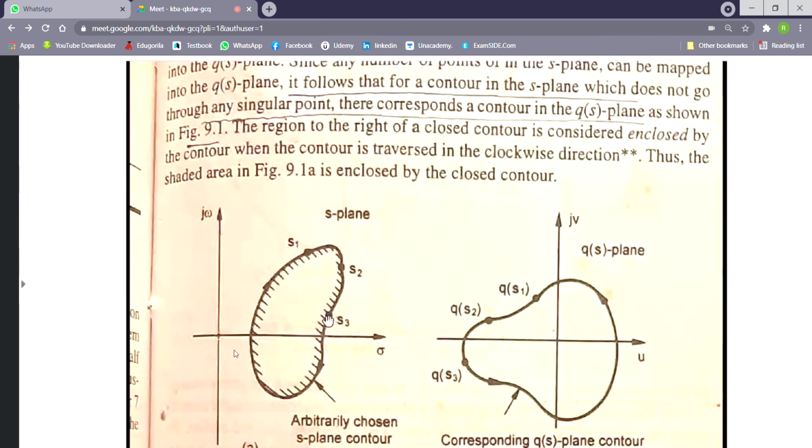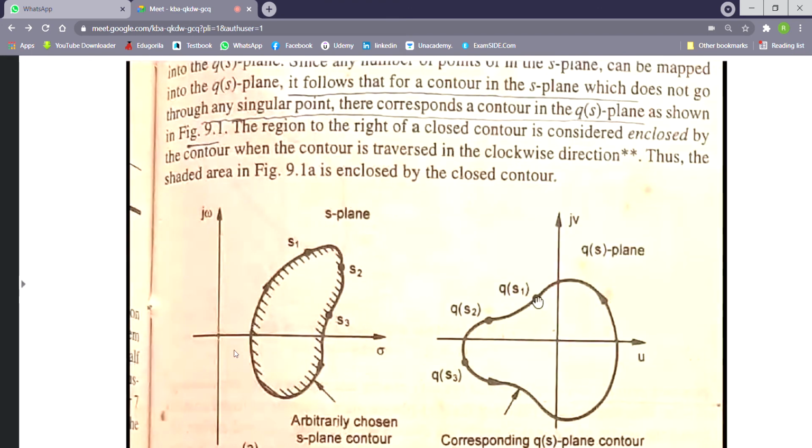Similarly, we'll get Q(S3), and since the starting point was S1 and the terminating point is again S1, on the Q(S) plane we'll get Q(S1), Q(S2), Q(S3), Q(S4), and again terminate right onto this particular point, which is Q(S1).